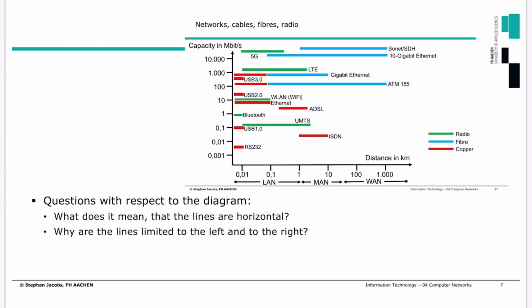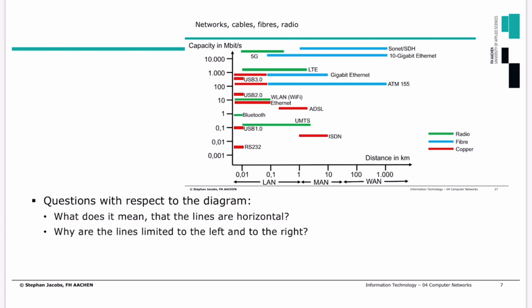And on the y-axis as well, we have an exponential scale, which shows the capacity in megabit per second. Then each of these blue, green, and red lines stands for a certain protocol with a given bandwidth. The first thing you can see is that all of these lines are horizontal.